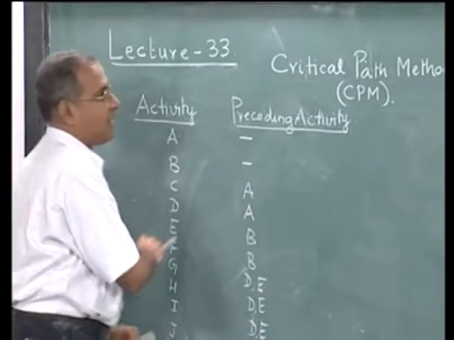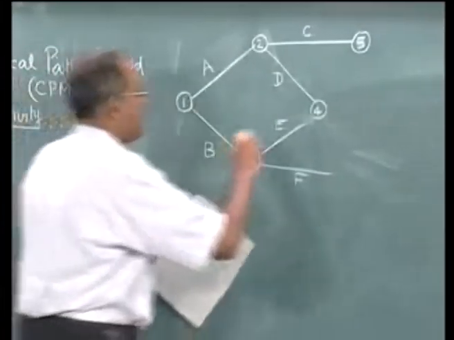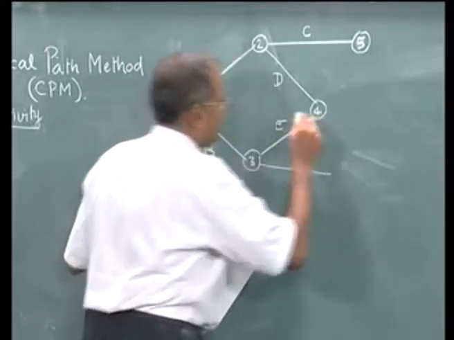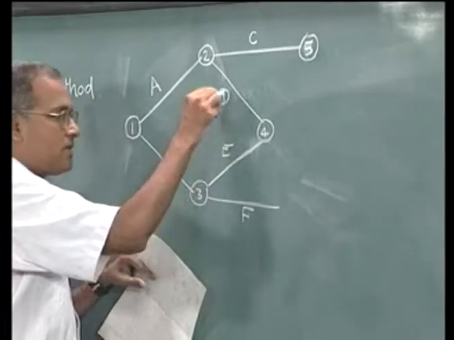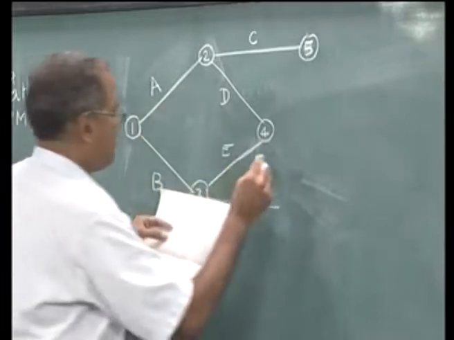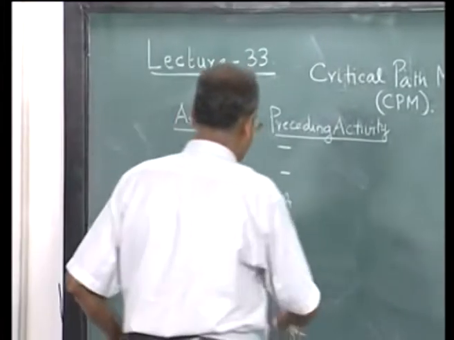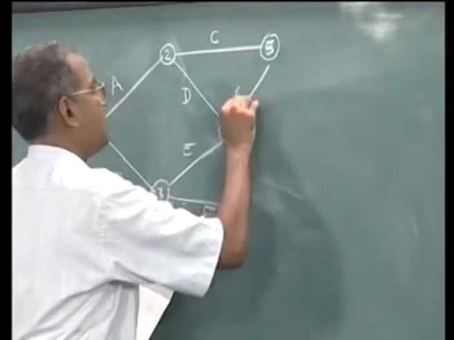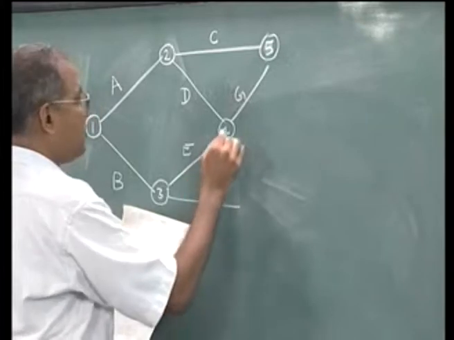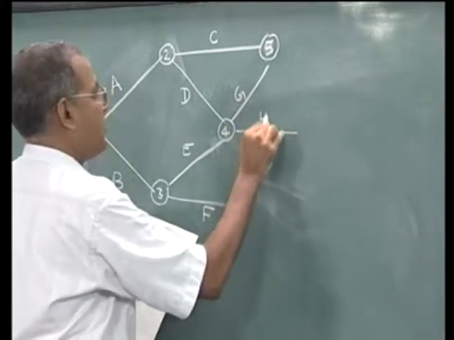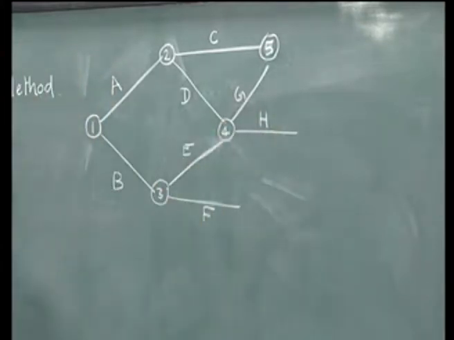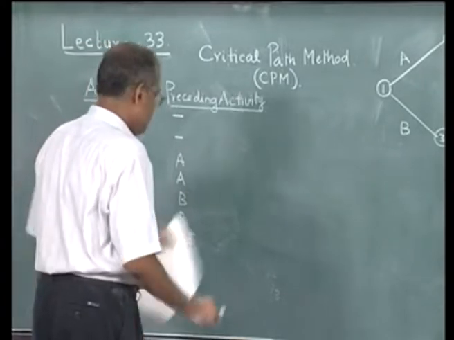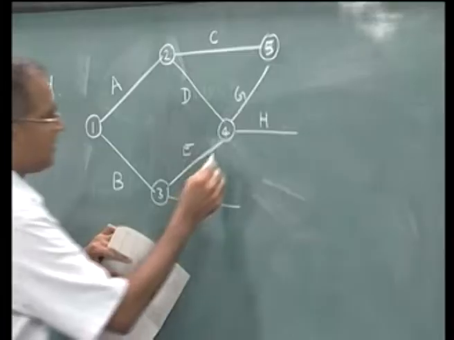Then for G, I need both D and E to be completed. So, this would now indicate the completion of both D and E. Therefore, I would do G and H. So, G goes like this, H goes like this. Now, I also has D and E to be completed.